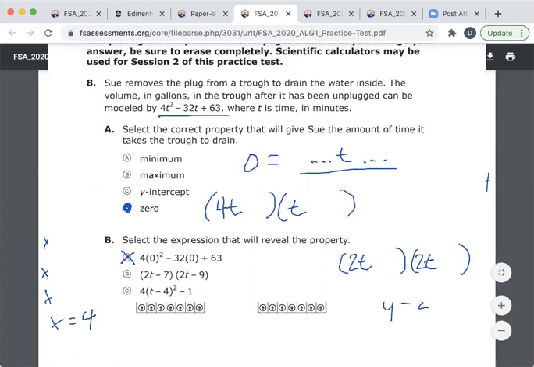Okay? So that's the first part to factoring it, is looking at what could be this first term. The second part is what will multiply to give you the last term. So if we have 63, what are our different factors for 63? There's 1 times 63, 3 times 21, and 7 times 9.